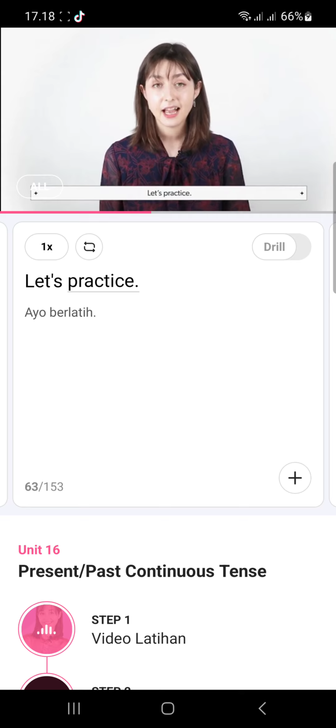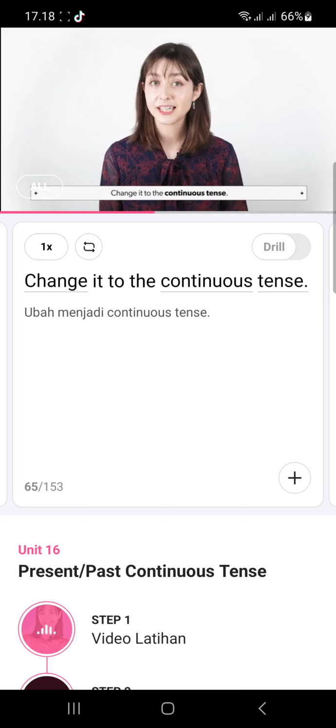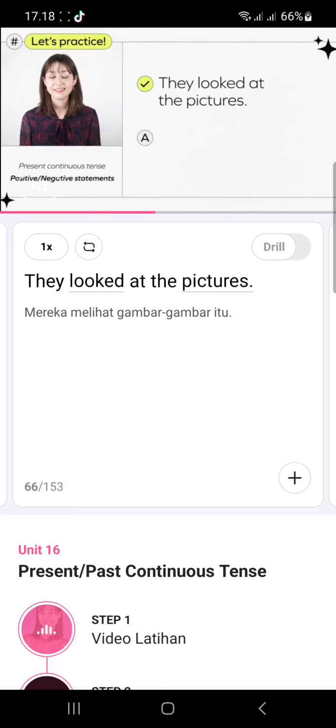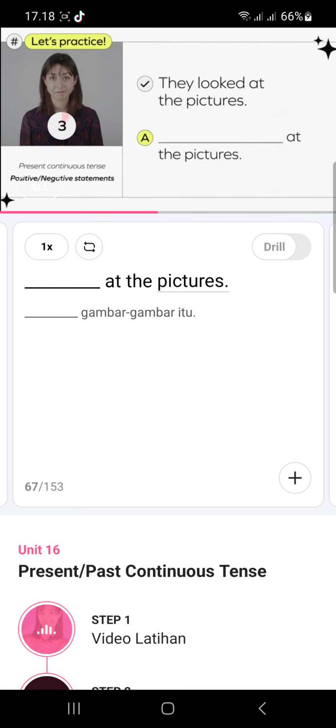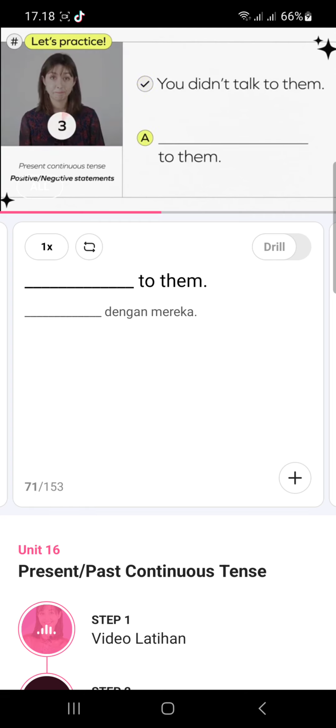Let's practice. I will give a positive, simple past tense statement. Change it to the continuous tense. They looked at the pictures. Right. They were looking at the pictures. You didn't talk to them. Right. You weren't talking to them.